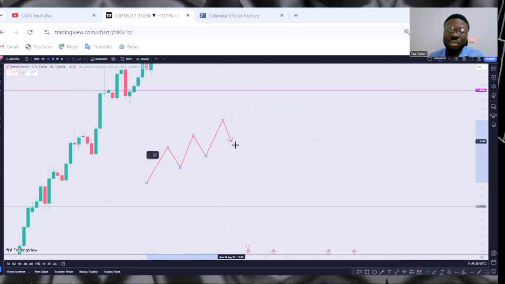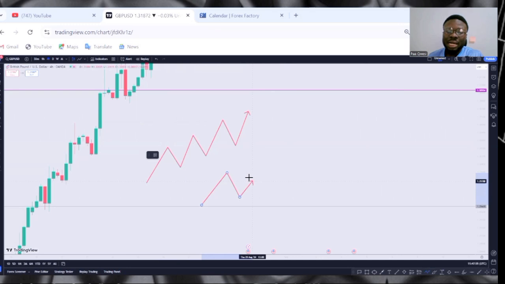It moves impulse, correction, impulse, correction, impulse, correction. When you see the market behaving like that, it means the market is in a bullish trend or an uptrend. Okay, so the setup that I'm talking about is called a break and retest.